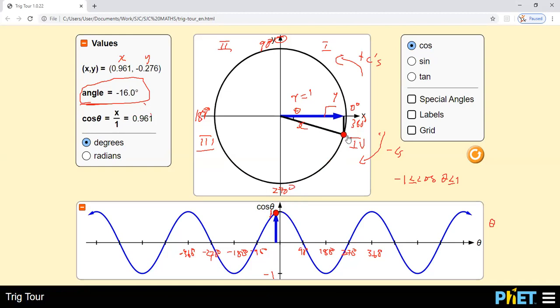So all negative angles will be measured in a clockwise direction, and all positive angles will be measured in an anti-clockwise direction. That is a very, very important thing to note as we discuss trig ratios in the Cartesian plane.